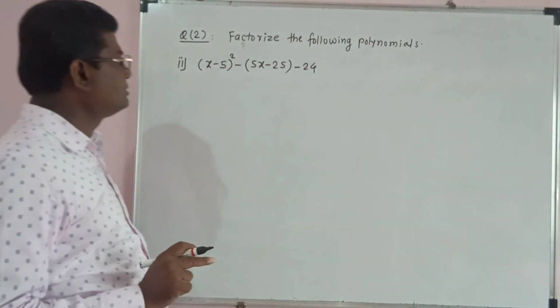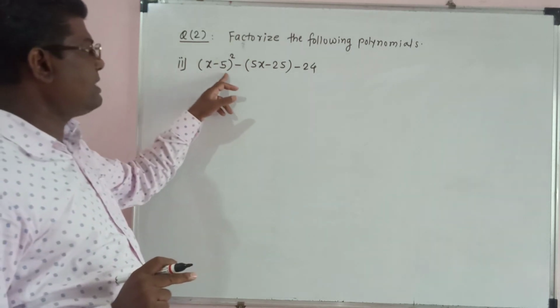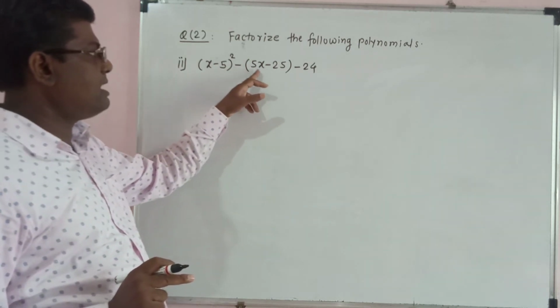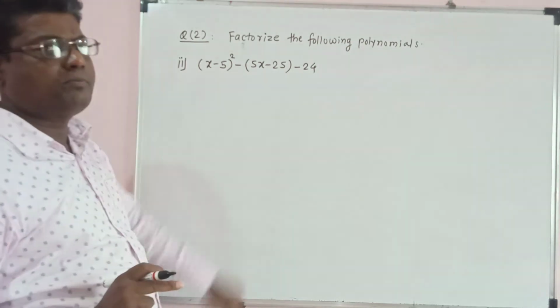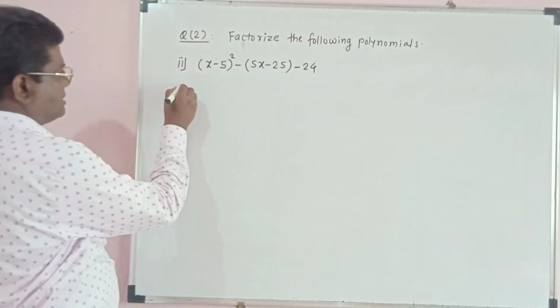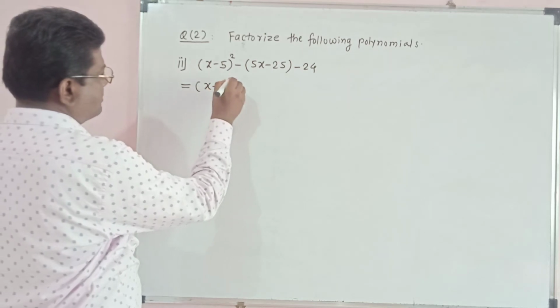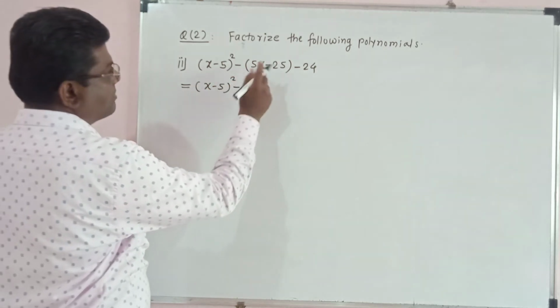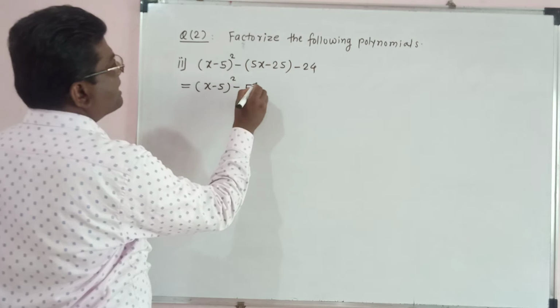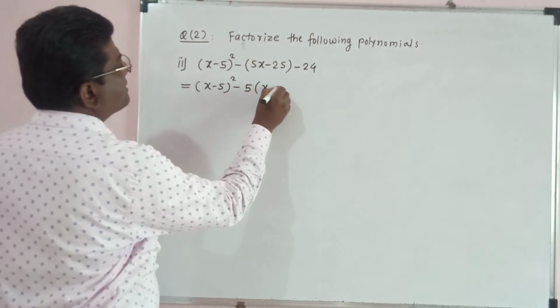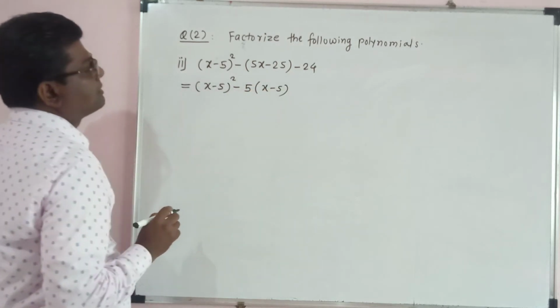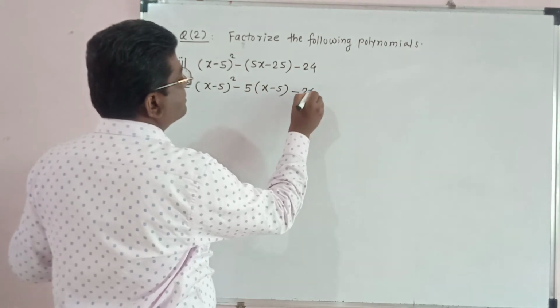Example number 2, (x minus 5) bracket square minus 5x minus 25 minus 24 is equal to (x minus 5) bracket square. Take 5 common here, so 5 in bracket x minus 5, minus 24.